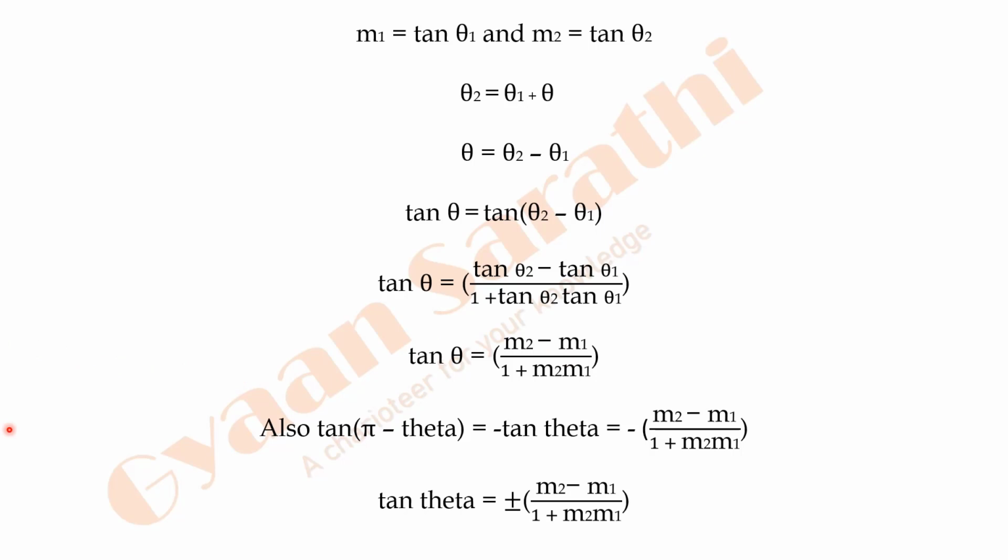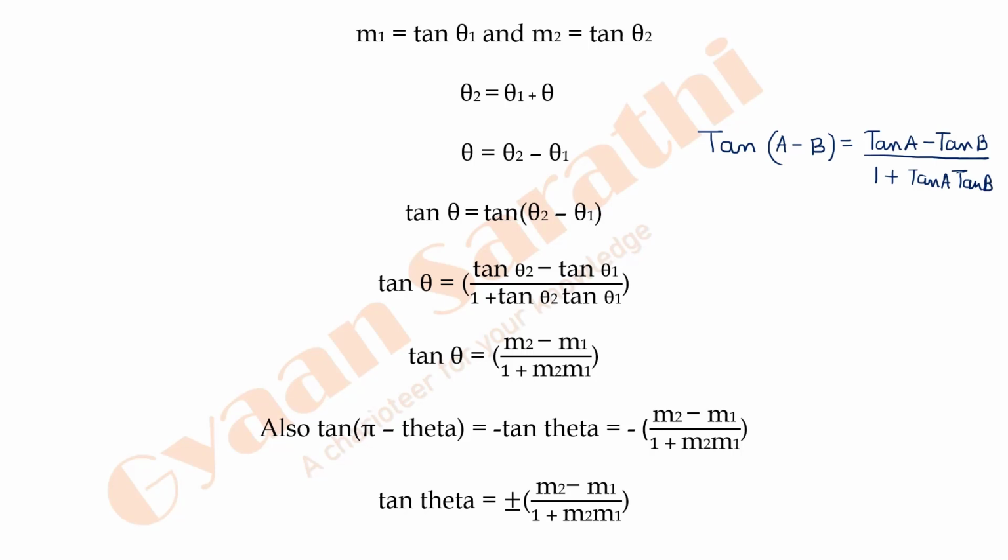Okay, so tan theta is equal to tan of theta 2 minus theta 1. So using the formula of tan A minus B, let me write it here, tan A minus B is equal to tan A minus tan B upon 1 plus tan A tan B. So this formula is used.